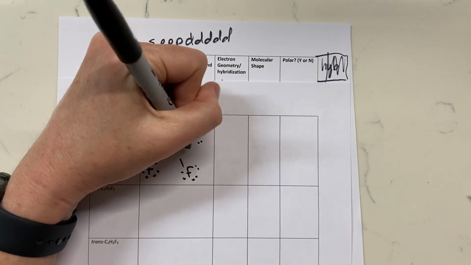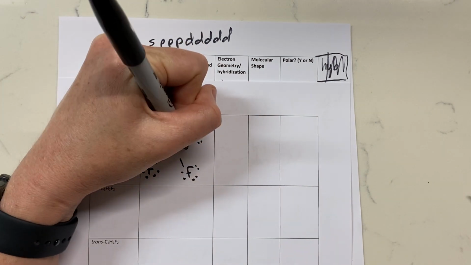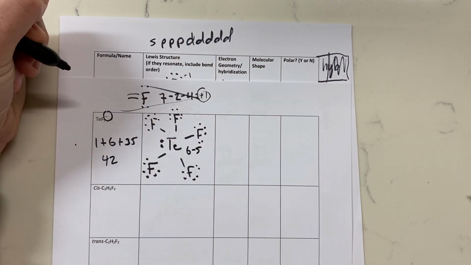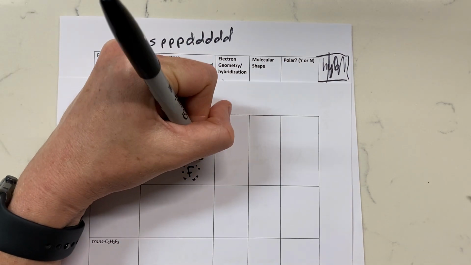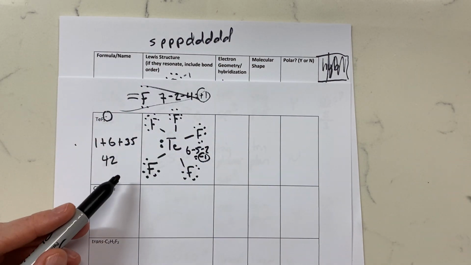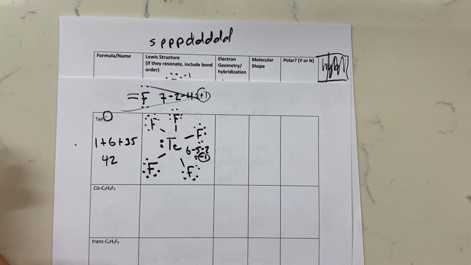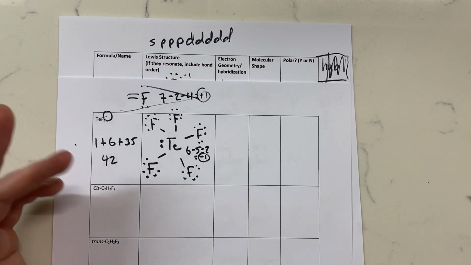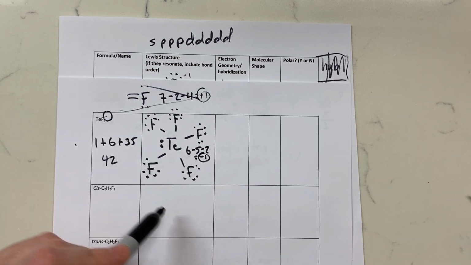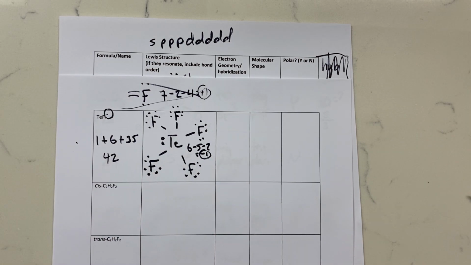Now tellurium has 6 valence electrons minus 5 sticks minus 2 dots, or a -1 formal charge. Now we have 42 electrons, and this is the shape that makes the most sense. In fact, it's the only thing that you can do to account for all your electrons and make sure all your formal charges add up correctly.